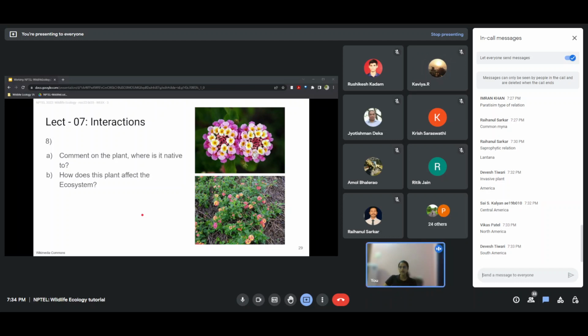Right. It has very high seed production capacity, which means, okay, higher seeds. That in turn means higher fruits. What would that mean? Yeah, high seed dispersal rate.